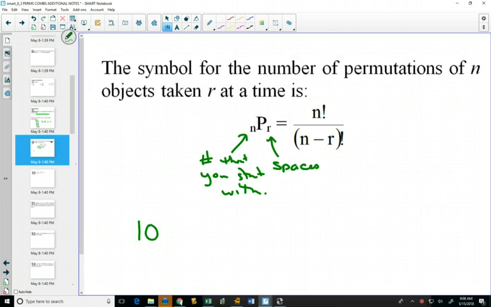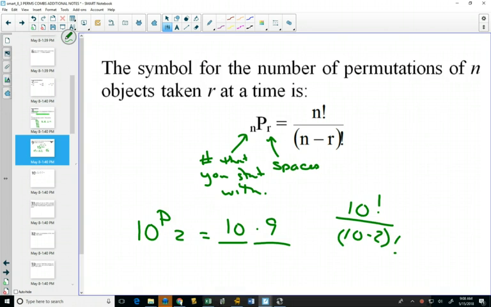So if you had 10P2, that's the same as 10 times 9 with the spaces, but with the factorial formula, that would be 10 factorial over 8 factorial, and if you expanded that, you could see why it's equal to 10 times 9.